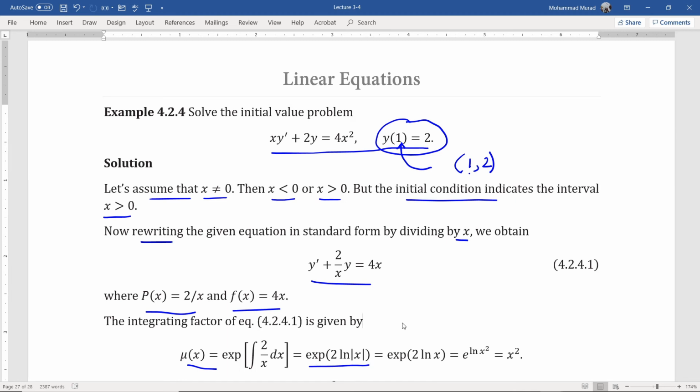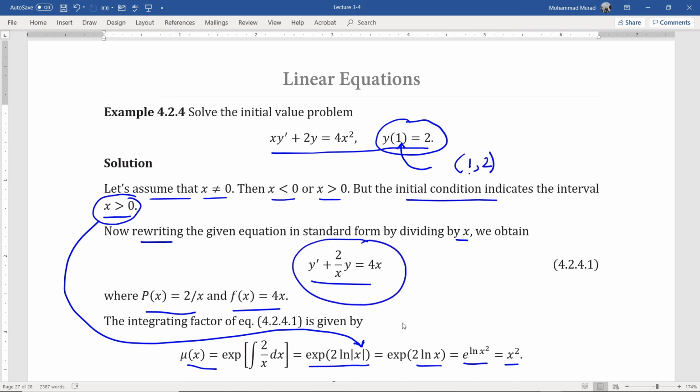Since we considered x is positive, we obtain the exponential of 2 times the natural log of x only, which can also be written as e to the natural log of x squared, and this simplifies to x squared only. So the integrating factor of our problem 4.2.4.1 is x squared.